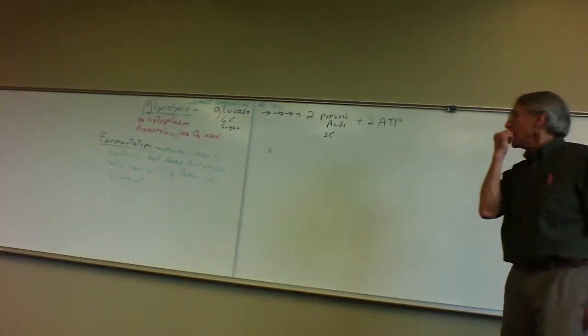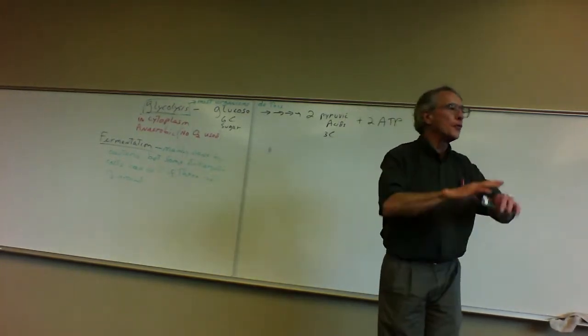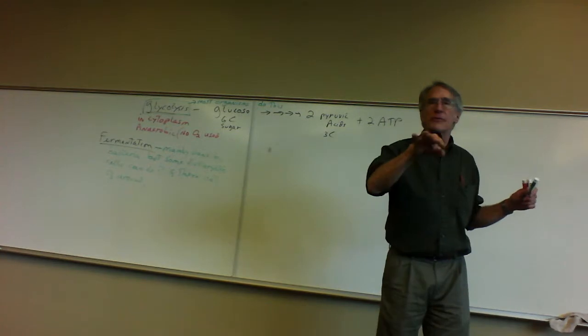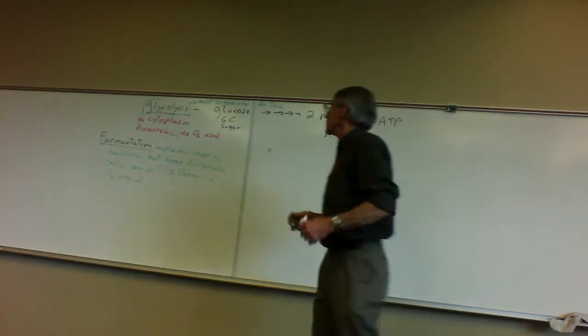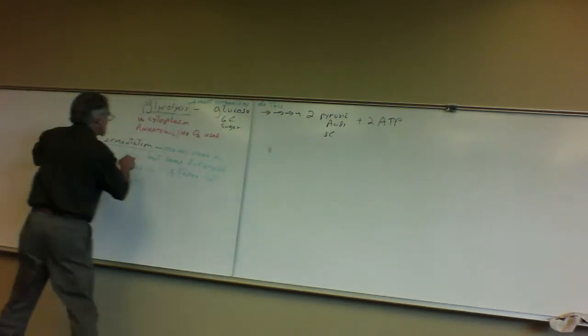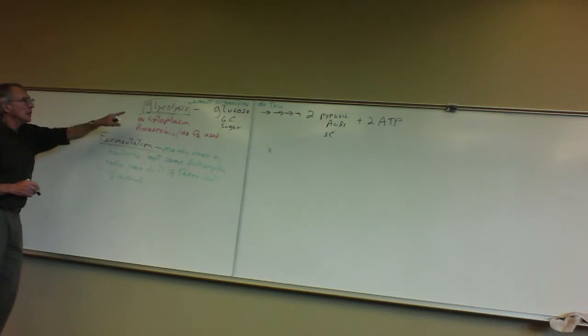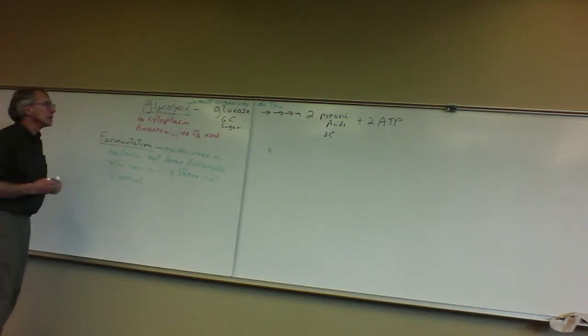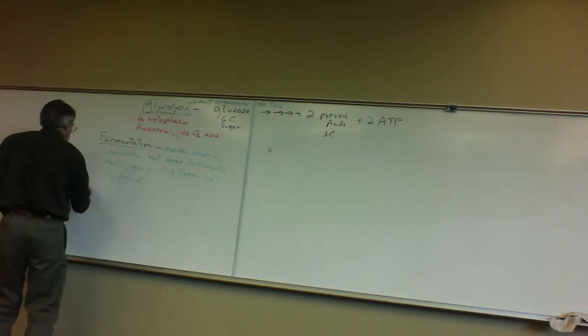Okay? Now, let me tell you what the overall idea on fermentation is. And I did have this on the board last time, so this isn't new information, but still I want to make it all make sense to you. So fermentation is mainly done by bacteria. And what happens is this, that we start with glycolysis.